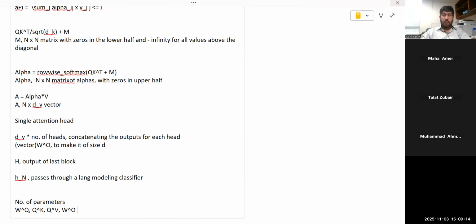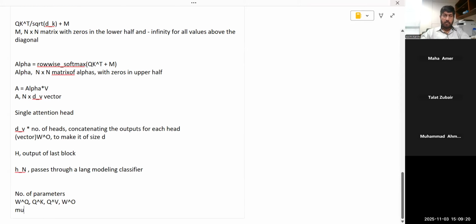Okay? But this is for one attention mechanism. So you have multiple attention heads. Let's say there are A attention heads, so for each you have to multiply A with the sizes of these matrices.